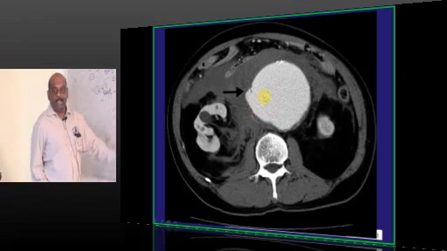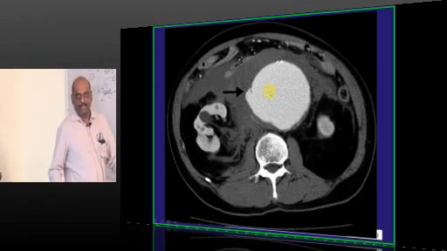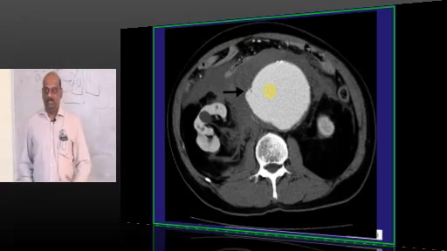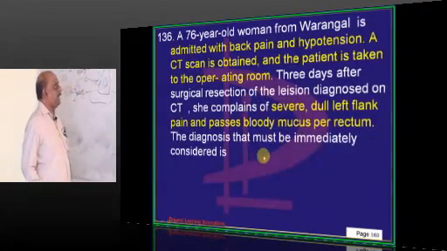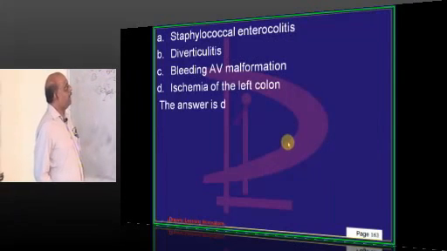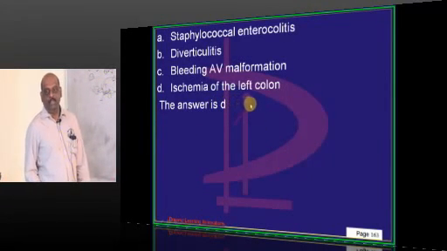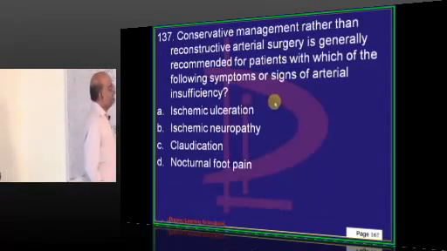So any dissecting aortic aneurysm, what will it do? The branches of the aorta, like the mesenteric artery, will suffer ischemia whenever the aortic aneurysm is dissecting. So what do you need to basically expect? Ischemia of the colon is a possibility in the given clinical scenario.